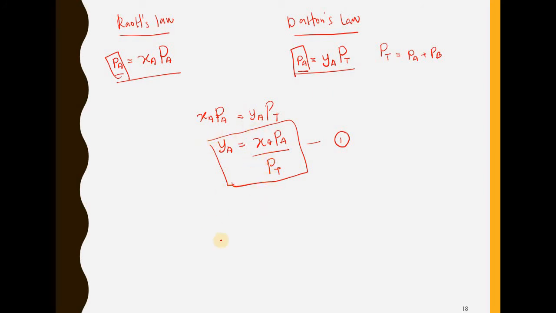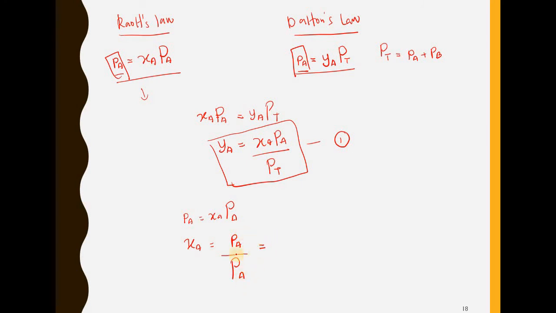For XA, you take this equation: the partial pressure of A is equal to XA times the vapor pressure of A at a certain temperature. If you rearrange, XA is equal to the partial pressure of A divided by the vapor pressure of pure A at a certain temperature.